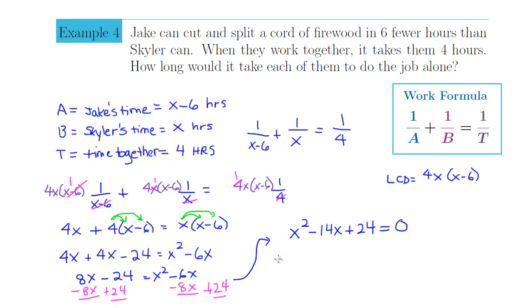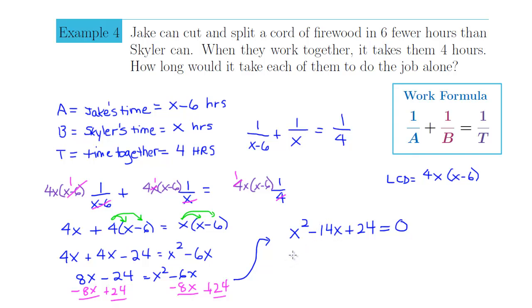Yay, we are almost done. Our last step will be to solve this quadratic equation. We can try and factor it, we could complete the square, or we could use the quadratic formula. This polynomial is a simple polynomial and it's factorable, so I'm going to factor it. We're looking for two numbers that will multiply to 24 but add to negative 14.